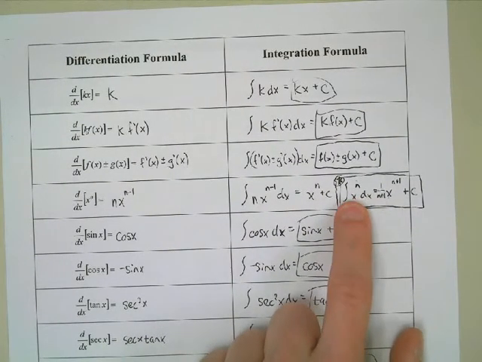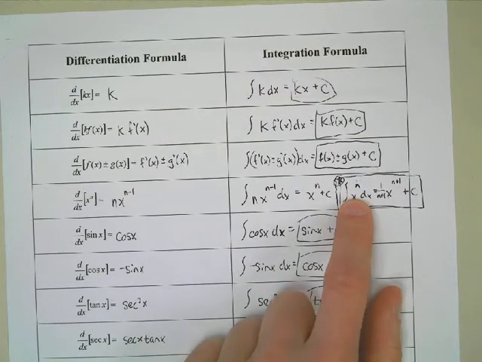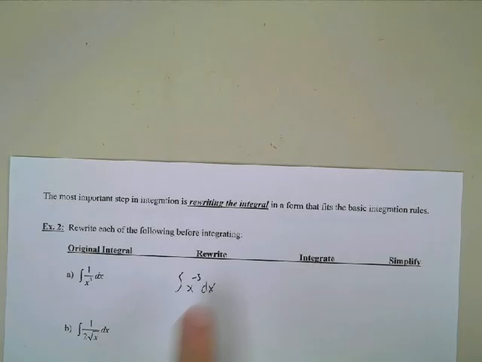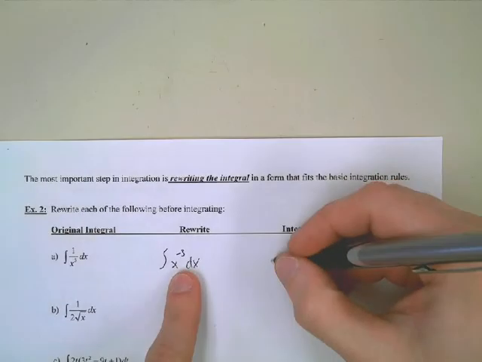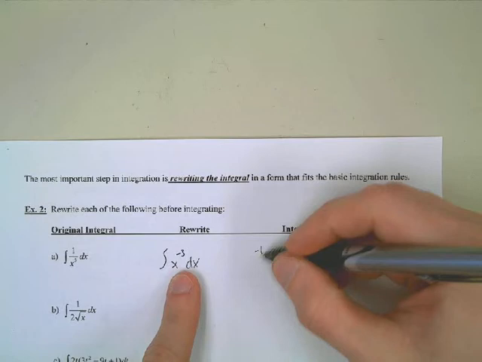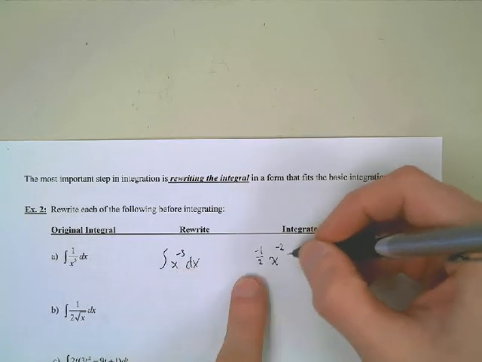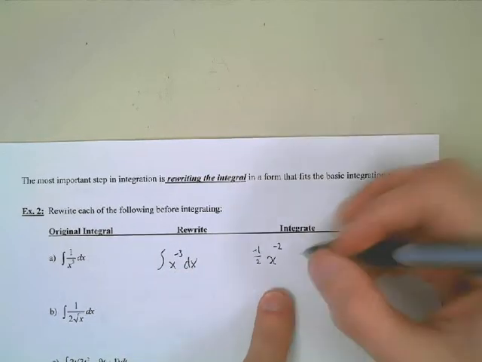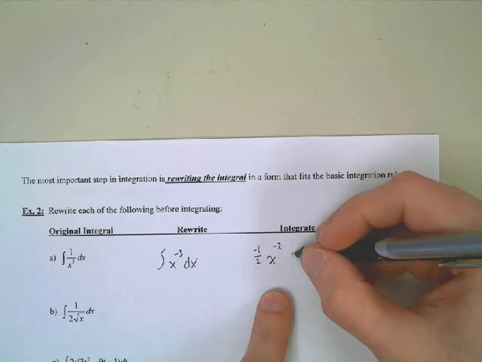We're going to take that negative 3, and what's that become? Negative 1/2 x to the negative 2. That's right, it's negative 1/2 x to the negative 2 plus C. Let's go back to our rule real quick, because I was asked, where does the negative 1/2 come from?